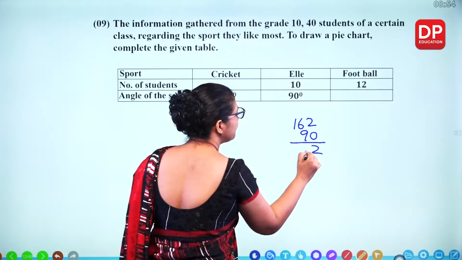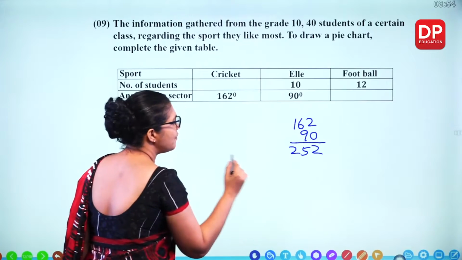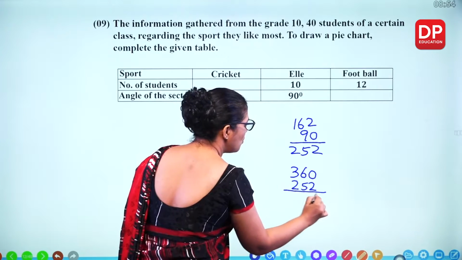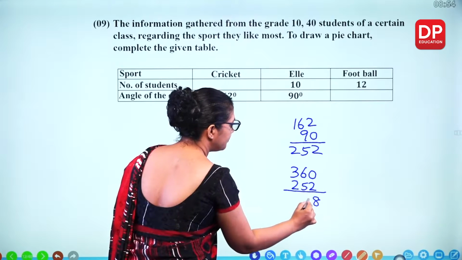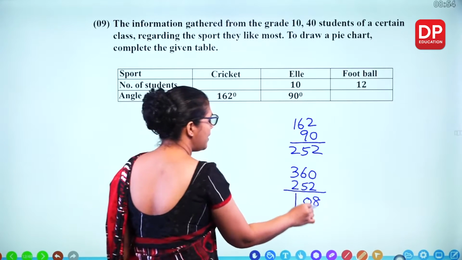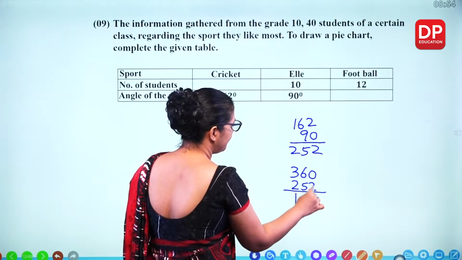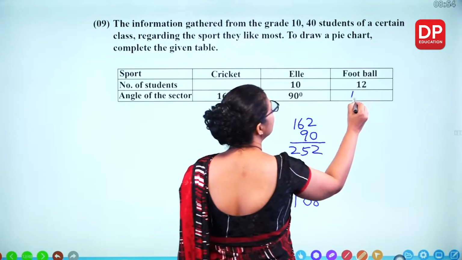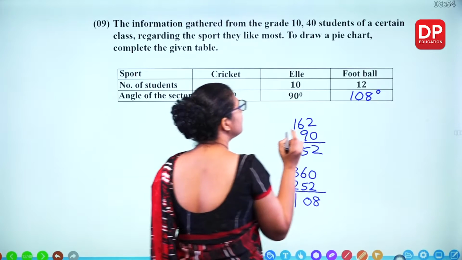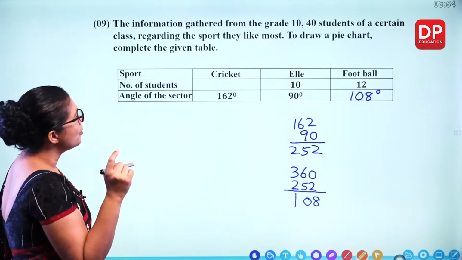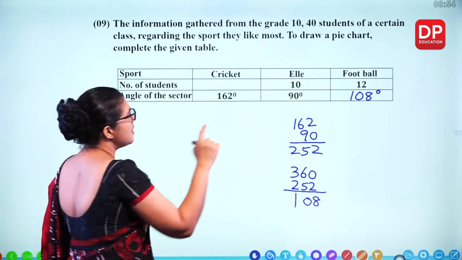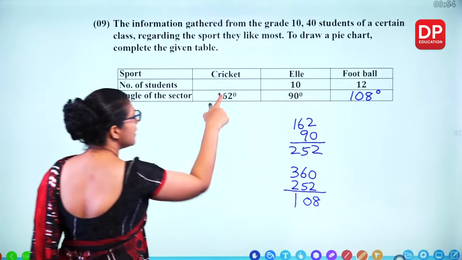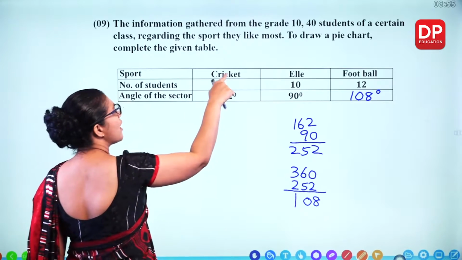What's the total? 252. So 360 minus 252, you get 108. So 108 is this one.